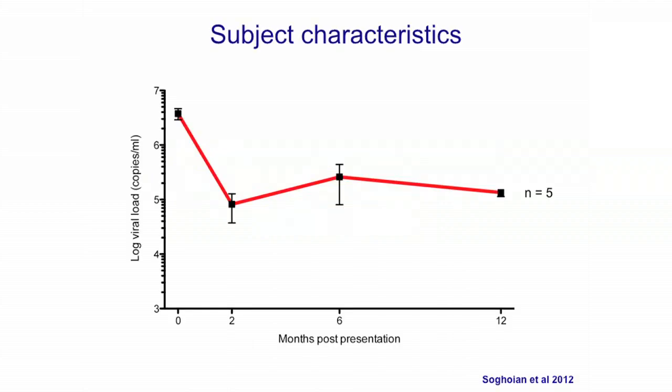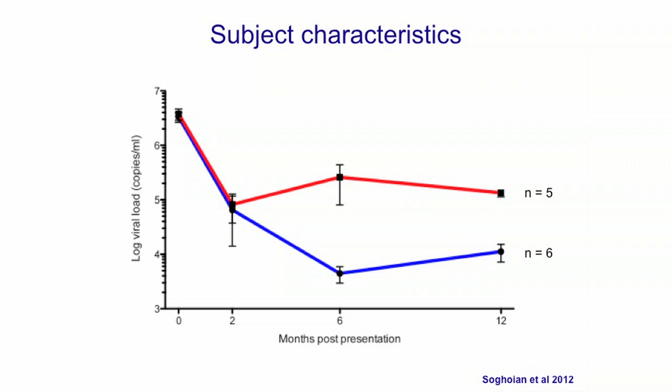So we designed the following experiment. We chose subjects with very high viral load during acute infection, 3 million copies on average, that developed a high viral set point. All were treatment naive. Then we had a similar group of patients, also with 3 million copies per ml on average, that were not different at the 2 month time point, but then something happened, and they started to control viremia about a log lower.